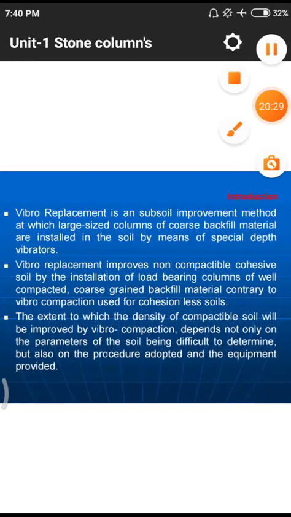Previously we discussed this vibro replacement technique. Whenever we have a stone column, we need to lay it in different layers.